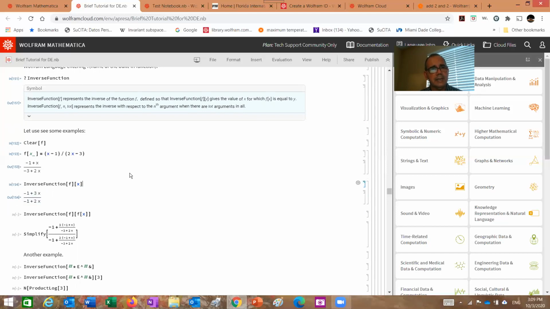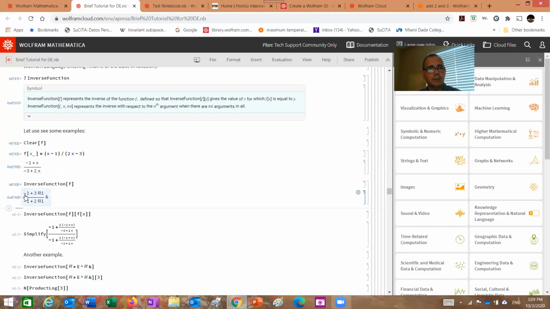What if we eliminate the x from here? If we eliminate the x from here, it returns the same formula, but now as a function without a name. This is the function that when you evaluate this at x, it does this.